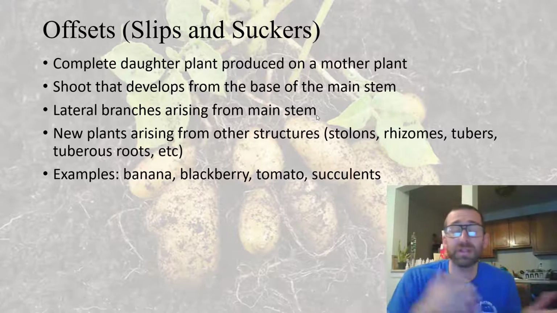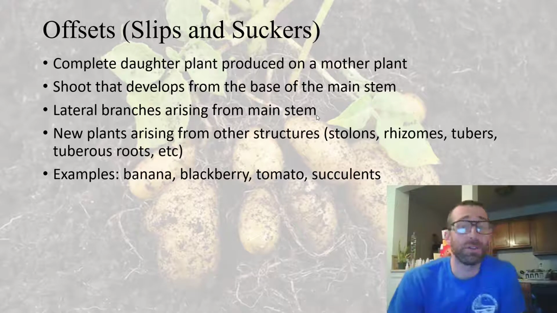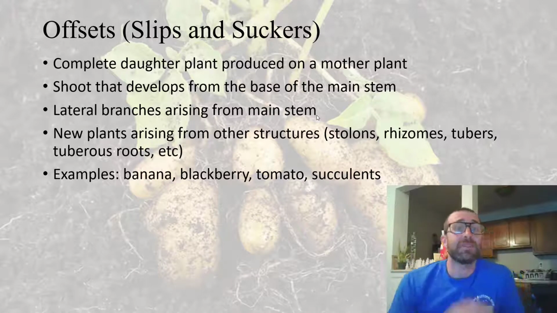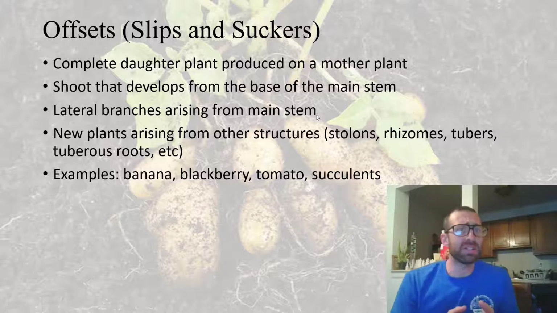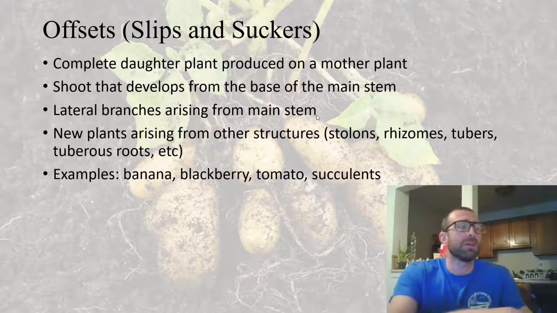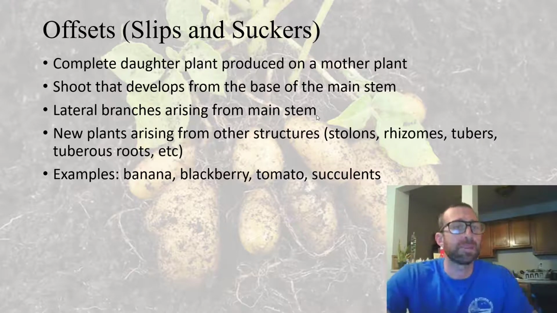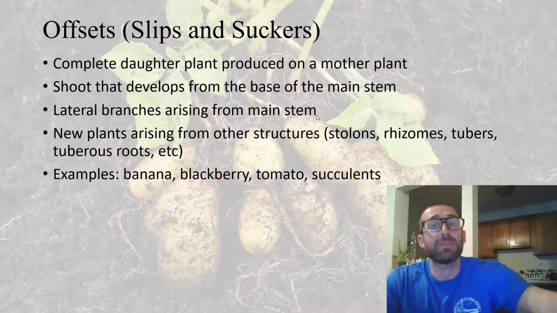I know for some plants they call them slips, some suckers. I'm sure there is a definition. You guys can look it up. So they are a daughter plant that is produced on the mother plant. And typically, perhaps maybe this is the definition, the daughter plant arises from the base of the main stem of the mother plant.